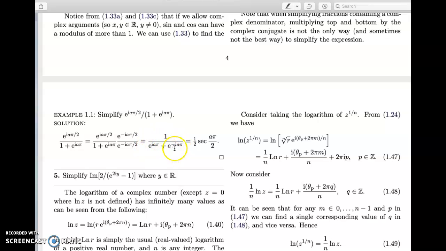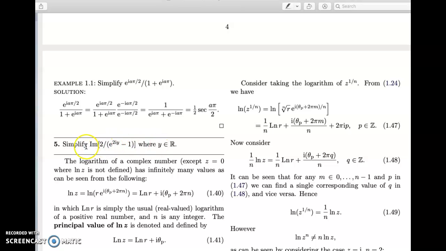Then I recognize this as simply 2 cos of a pi divided by 2. I've got a factor of 2 here, which gives me this, and I've got 1 over cos, which is sec a pi by 2. So sorry about the missing divided by 2 here.